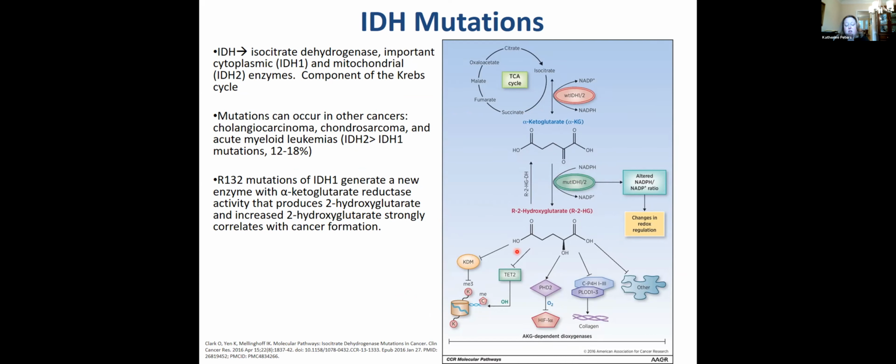This oncometabolite turns on a series of genes downstream, which actually leads to cancer formation and tumorigenesis, particularly gliomagenesis. And we're not the only cancer that has this gene mutation. It's been well characterized, particularly in AML, chondrosarcoma, and cholangiocarcinoma.